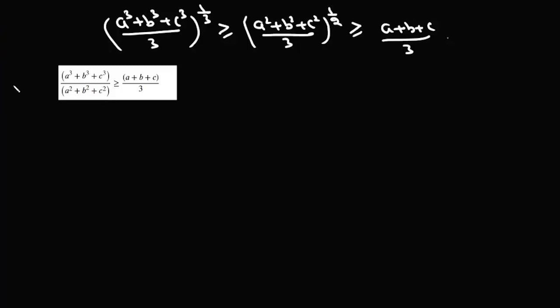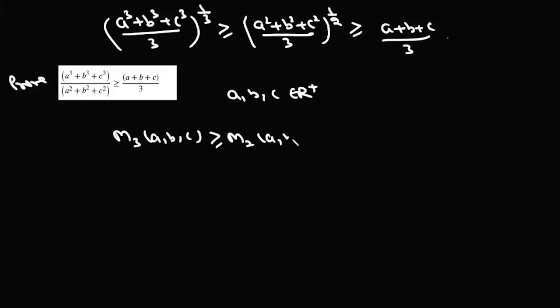Now let us take another example, and here we have to prove that a cube plus b cube plus c cube upon a square plus b square plus c square is greater than or equal to a plus b plus c by 3. Now again for this, we'll take three positive real numbers a, b, c, and again we know m3(abc) is greater than or equal to m2(abc).